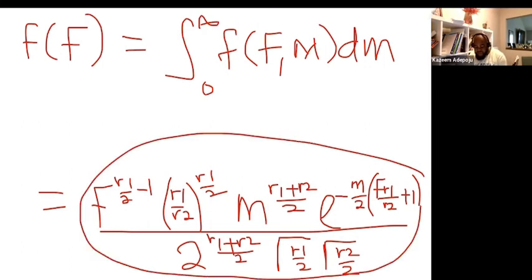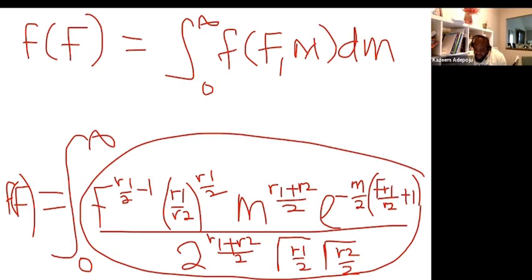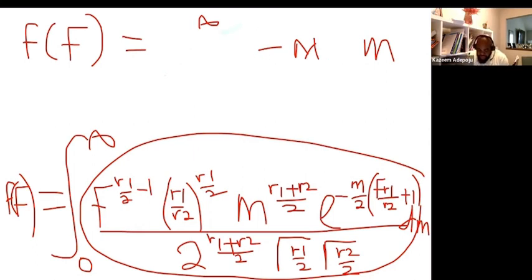So f of f now, 0 to infinity, dm. I want to integrate the m out. I'm not interested in the m. I told you the other time, it was an artificial variable. So that's what I want to do.